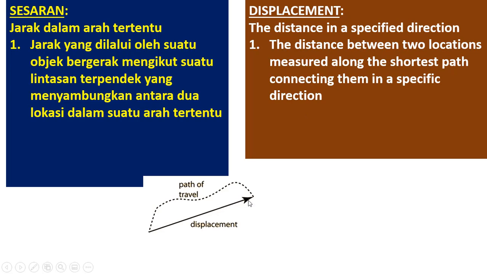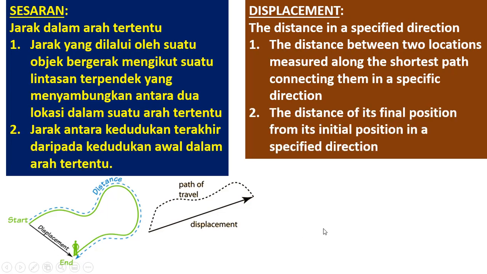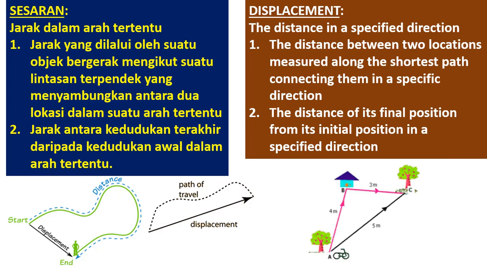So this is the initial point. This is the final destination. So from initial to the final, this is the shortest path. So this is what we call displacement. Or in other words, the distance of its final position from its initial position in a specific direction. For example, here we cycle from A, go to B, go to C.